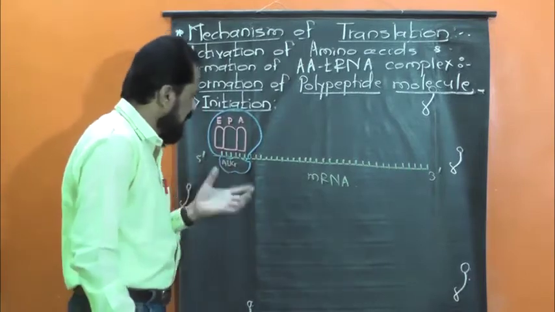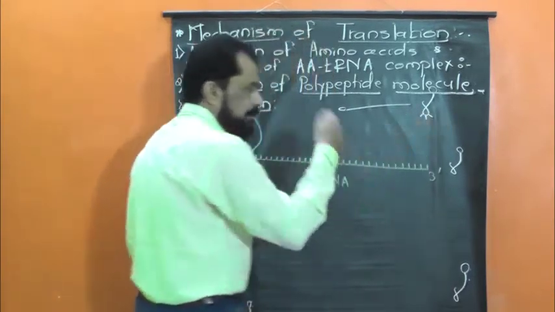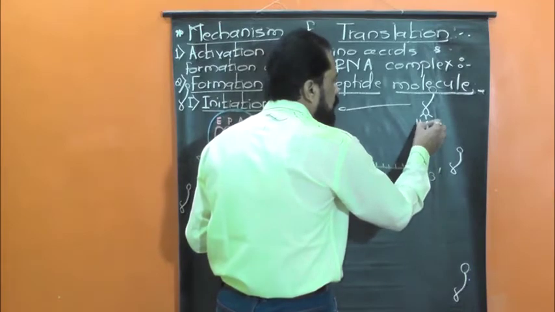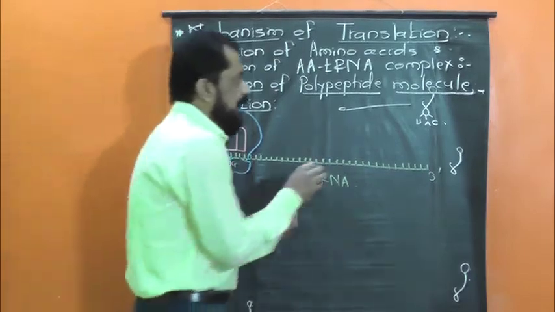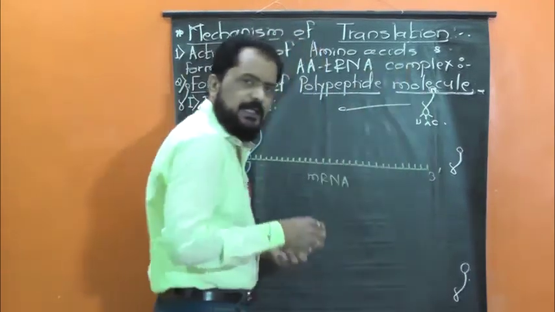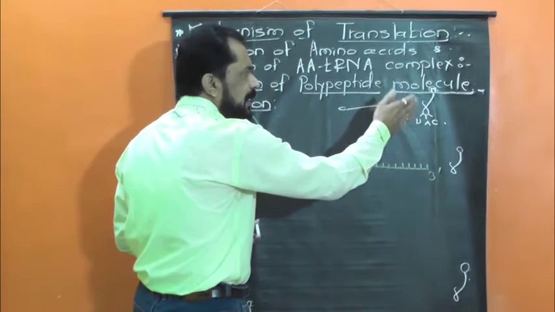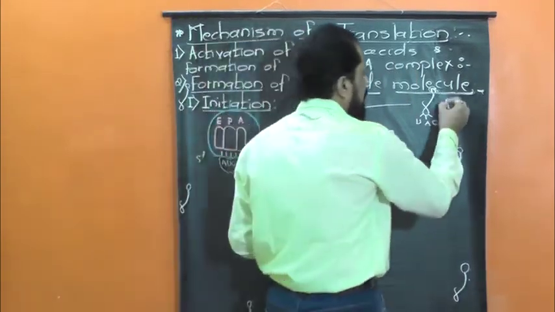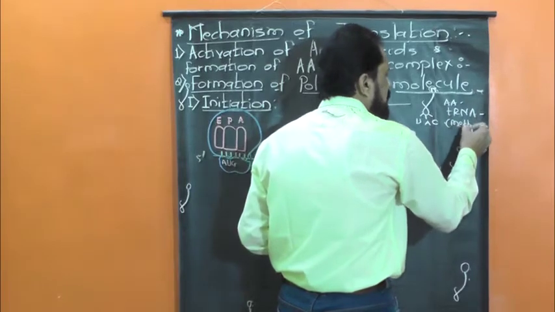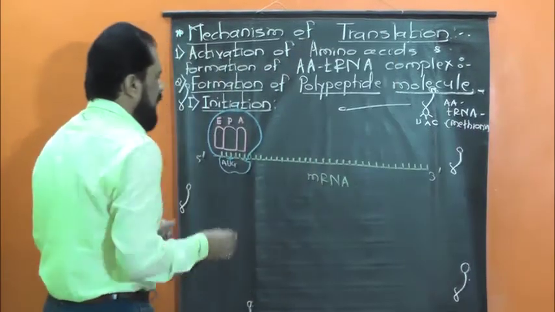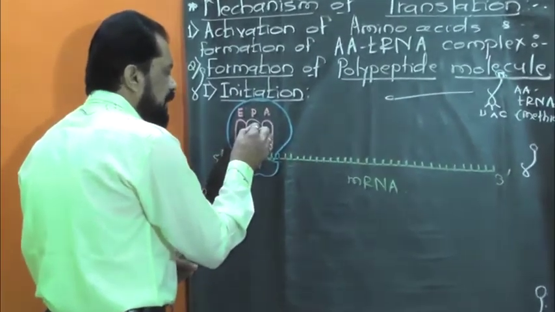And therefore this AUG attracts the tRNA having the complementary anticodon UAC, carrying the amino acid methionine, and this first AA-tRNA complex comes and occupies the P site directly.